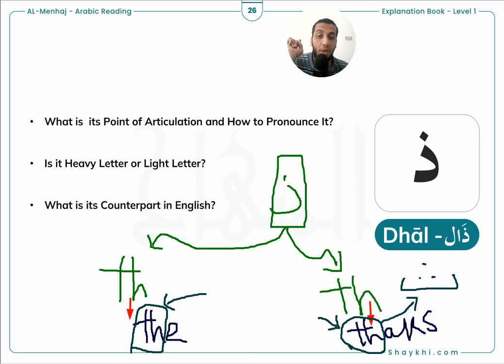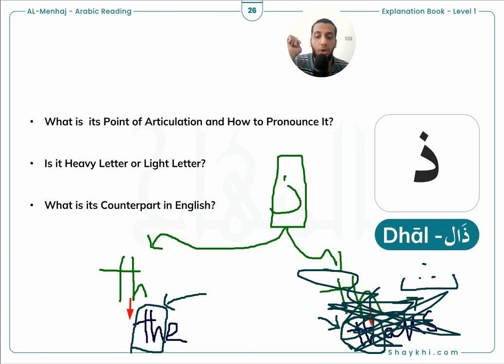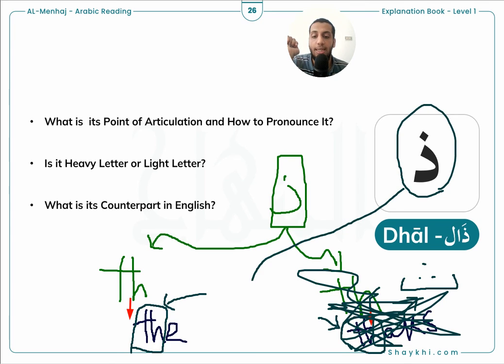But let's now forget this. We are speaking about the counterpart of letter Dhāl, which is th as in the word "the".